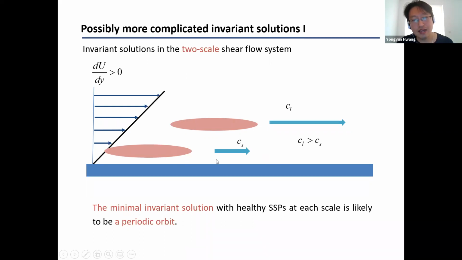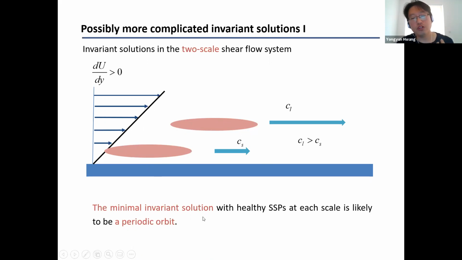So let's say we are in the moving frame of the small scale state, and the small scale state is an equilibrium. But if you consider a multiscale state, which truly incorporates everything in turbulent flow, the large scale state is expected to have a faster speed than the small scale one.